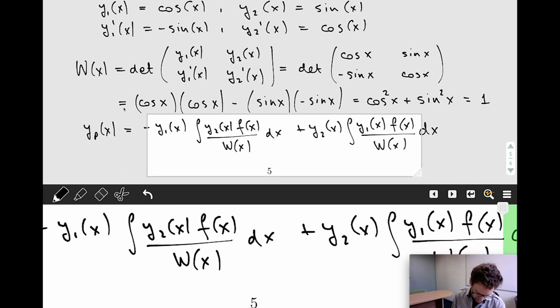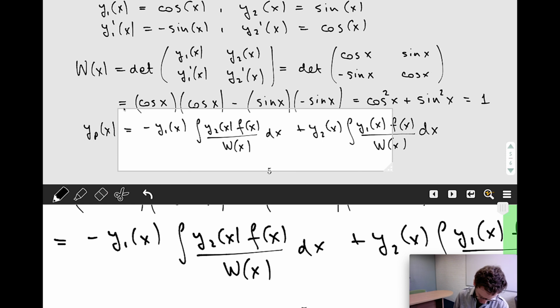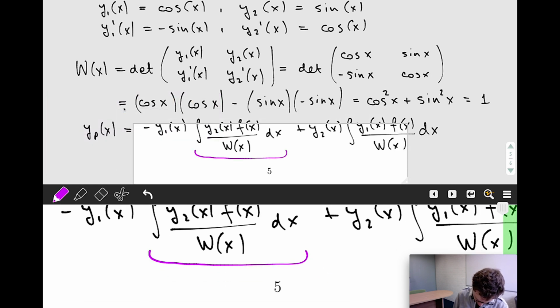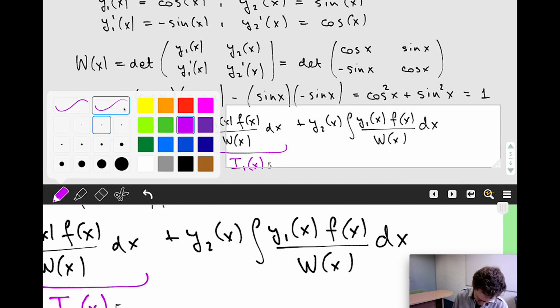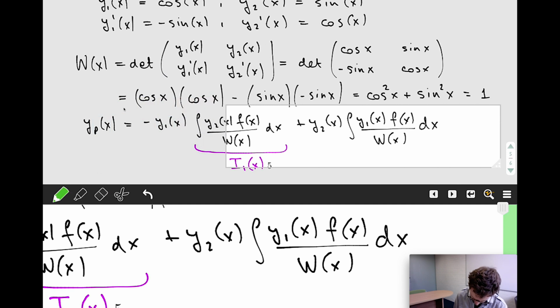Alright, so what I'm going to do here is split this up into two pieces. I'm going to write this as minus y1 of x times integral 1 of x, and I'll call the other integral 2 of x, and then we'll put it all together at the end.